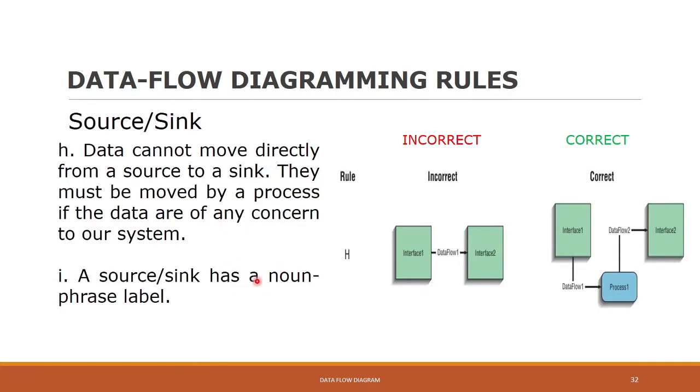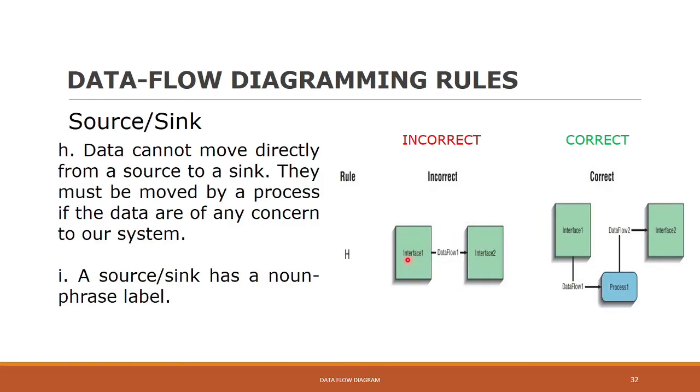Then let's move to the source or sink rules. Letter H, data cannot move directly from a source to a sink. They must be moved by a process if data are of any concern to our system. So this is an incorrect one.